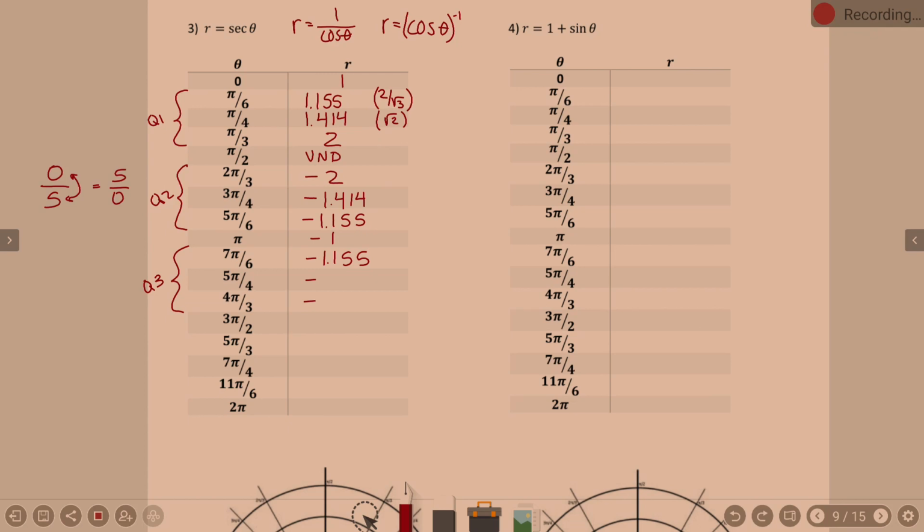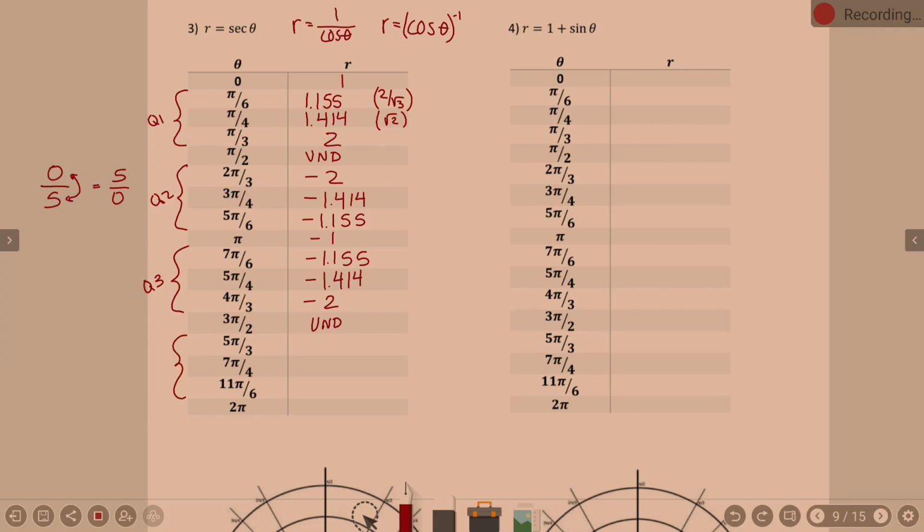Secant of 5 pi over 4, -1.414. And secant of 4 pi over 3, -2. What about 3 pi over 2? Cosine of 3 pi over 2 is 0. So secant, when we flip it upside down, is undefined.